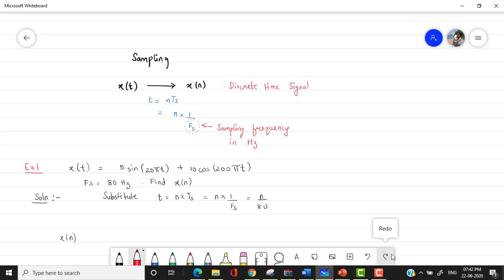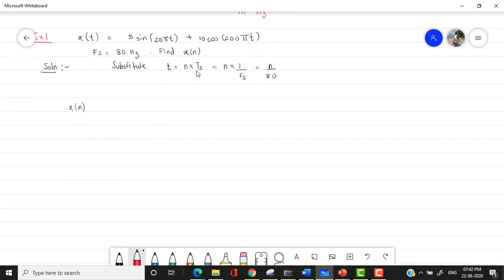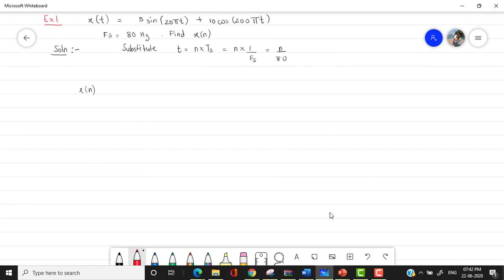So let's start. Okay, so xn instead of xt, now we have written it as xn. So xn is equal to 5 sine of 20 pi, and instead of t I am going to write n upon 80, plus 10 cos of 200 pi, again instead of t I will write n divided by 80.